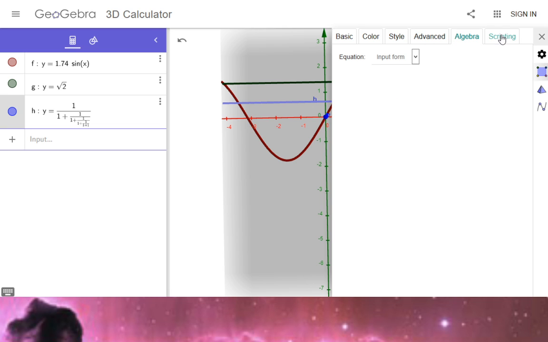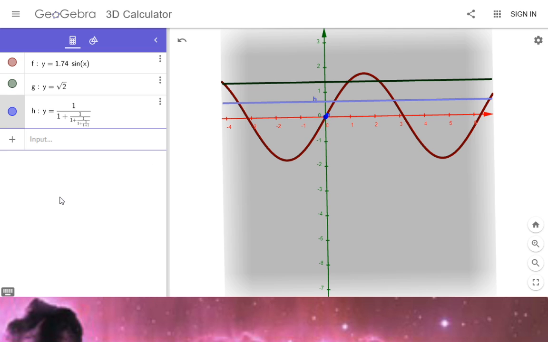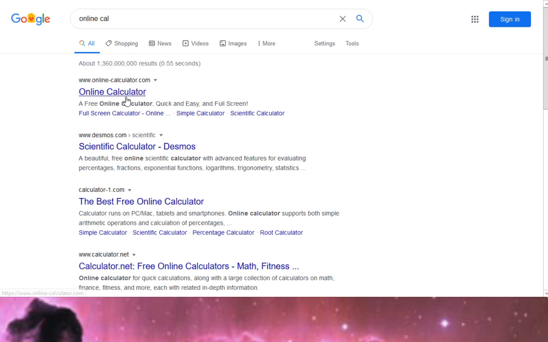Algebra. Scripting. On update. Oh, we can't do a data set. I'd like to actually see the number values for this. I don't think the calculator will do that.